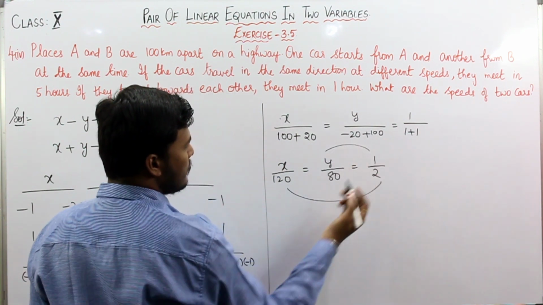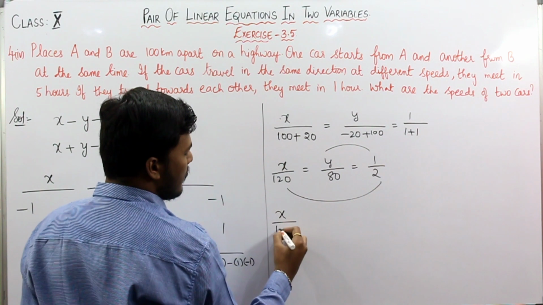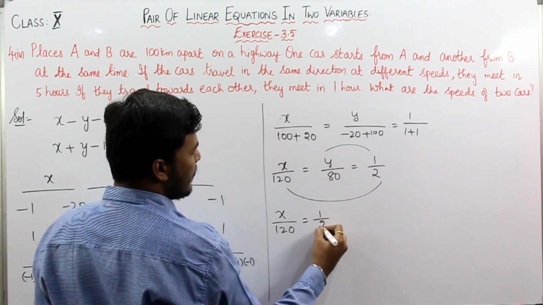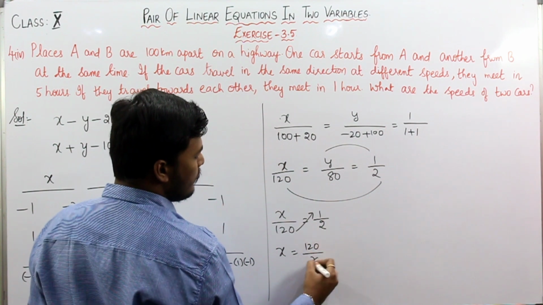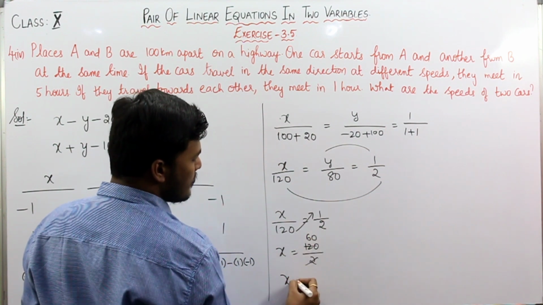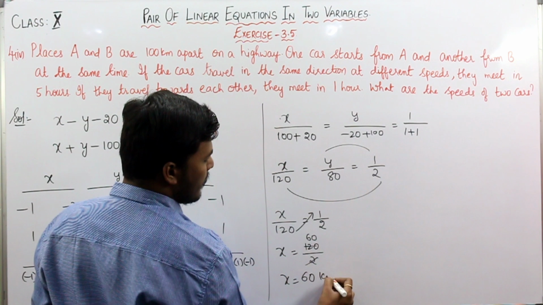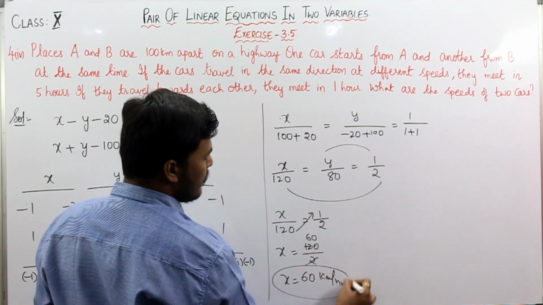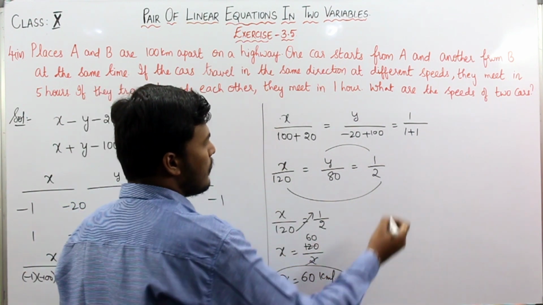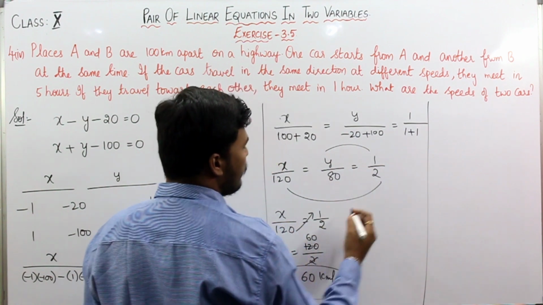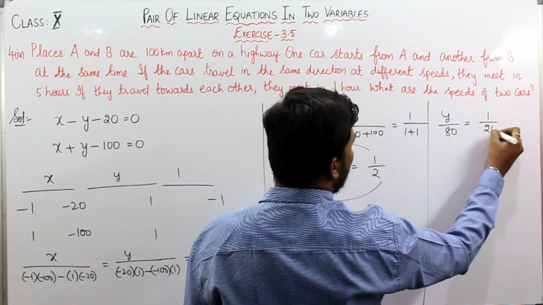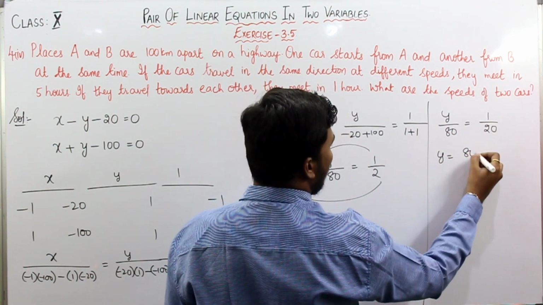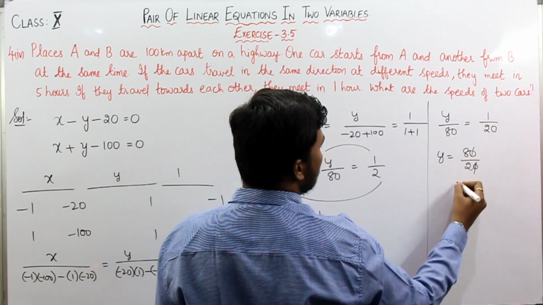Equate these two to get x, equate these two to get y. That is x by 120 is equal to 1 by 2. Shift it this side. So x is equal to 120 by 2, 2 ones are 2, 2 sixties. So x is equal to 60 kilometer per hour. So therefore speed of car A is 60 kilometer per hour. Now for y, that is y by 80 is equal to 1 by 2.